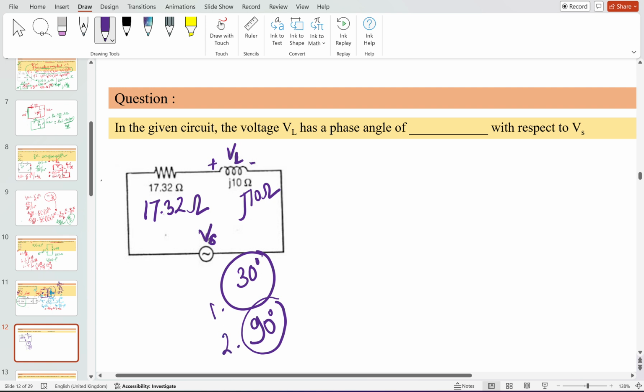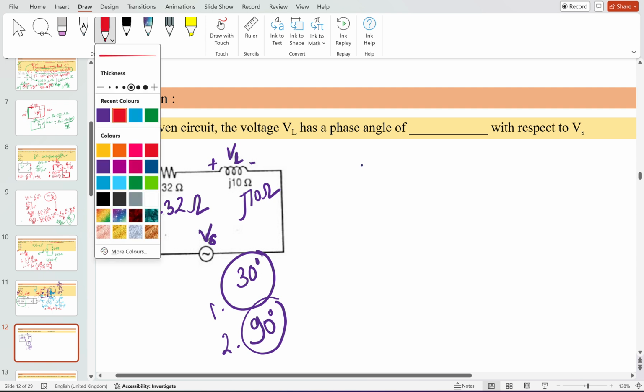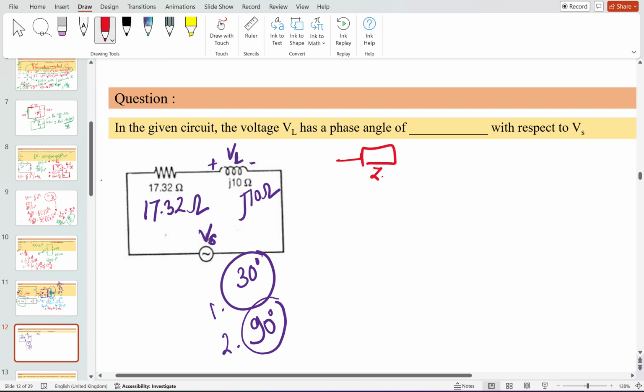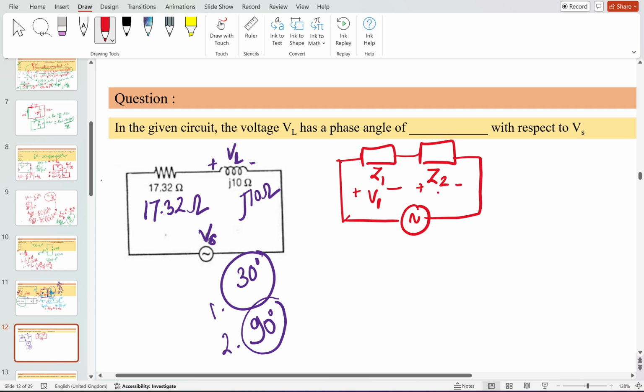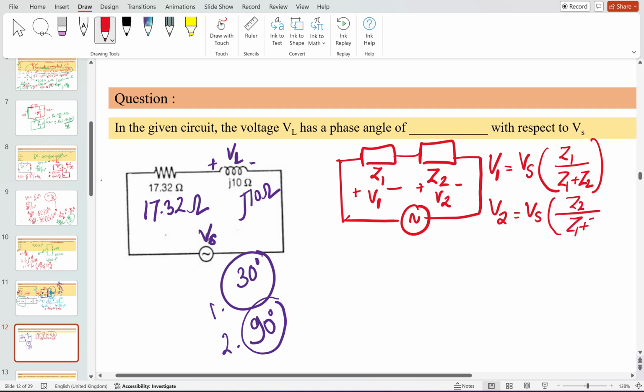When you have these two impedances, suppose this is Z1 and this is Z2, and there is one source connected here. This is V1, which is the voltage drop across Z1, and this is the voltage drop across Z2. By the voltage division principle, V1 will be equal to Vs times Z1 divided by Z1 plus Z2, and V2 will be equal to Vs Z2 divided by Z1 plus Z2.